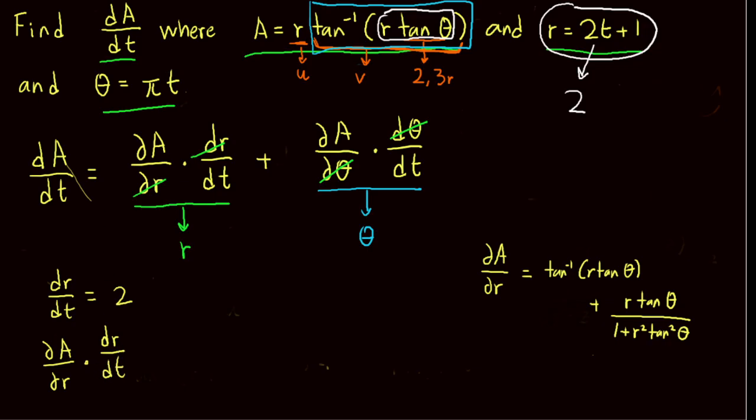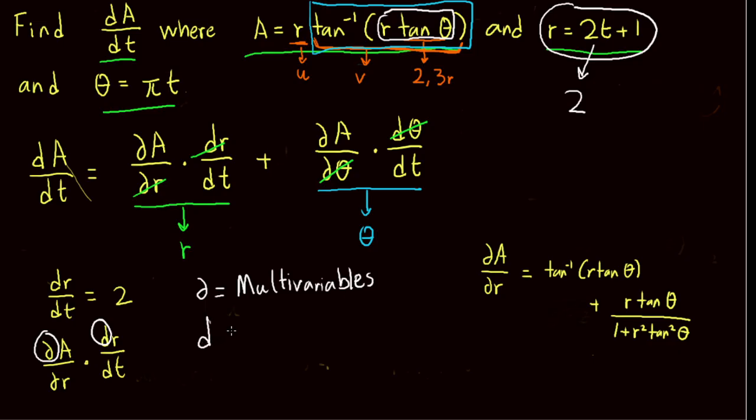I try to make this an important point: the difference between the del operator and the d operator. Del is normally used when the function is multivariable, meaning the function has many variables, like 2, 3, 4 inputs.